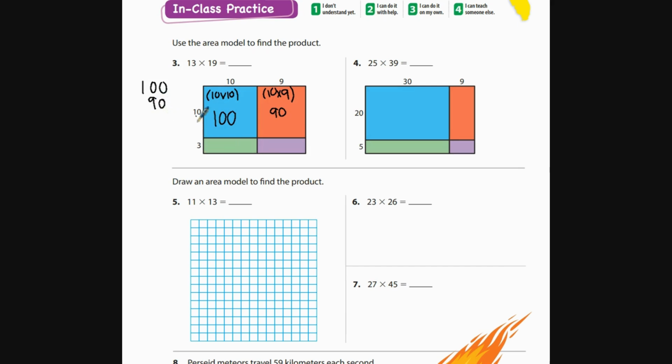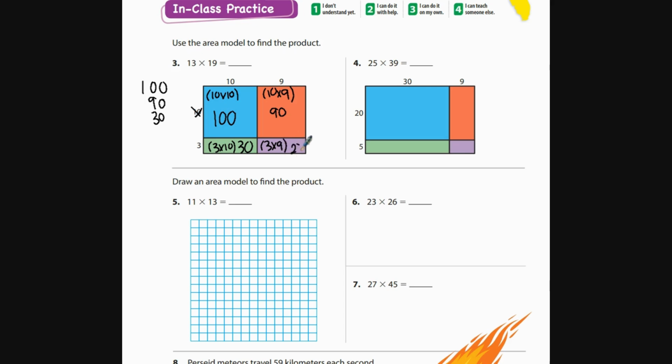Now, the third box, I already finished with my 10, so I'm going to go with my 3. 3 times 10. That's going to give me 30. And now, last but not least, we're going to do 3 times 9.